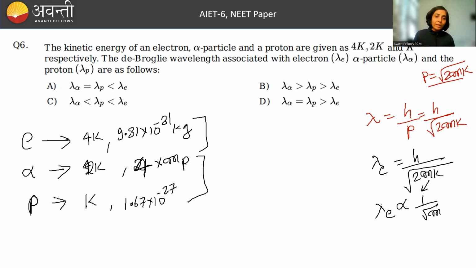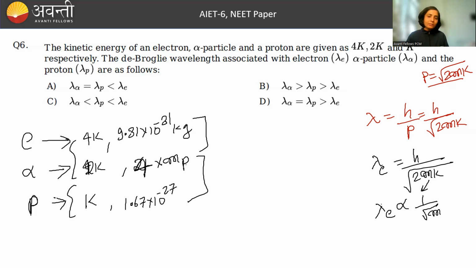And the mass of the electron is very, very much smaller. That much smaller that its value of lambda won't depend much on the kinetic energy given here, because the kinetic energy is quite comparable for each particle, but the mass of the electron is not comparable with these two. So the mass of the electron will guide the de Broglie wavelength relation that we have to establish here.